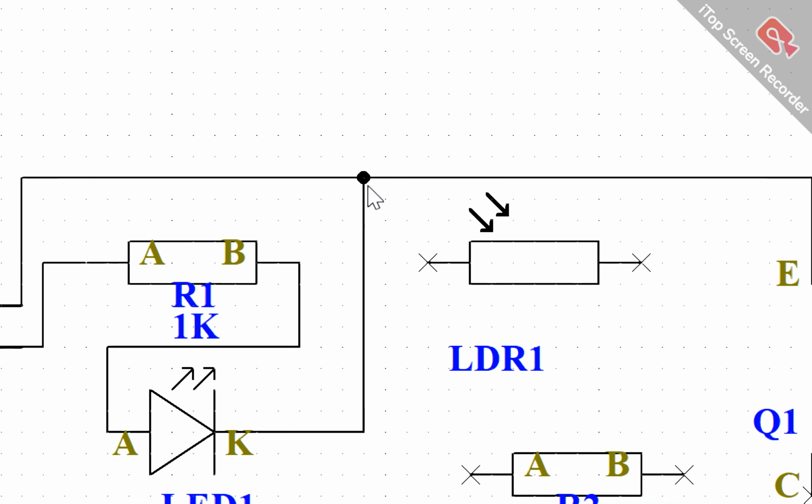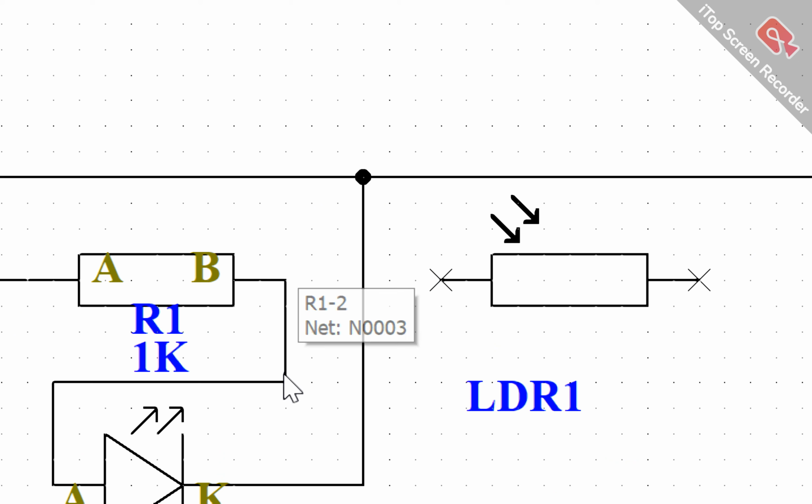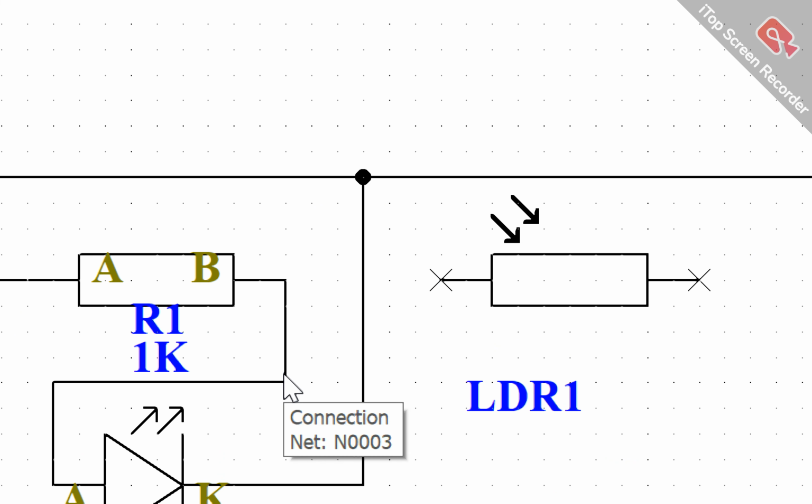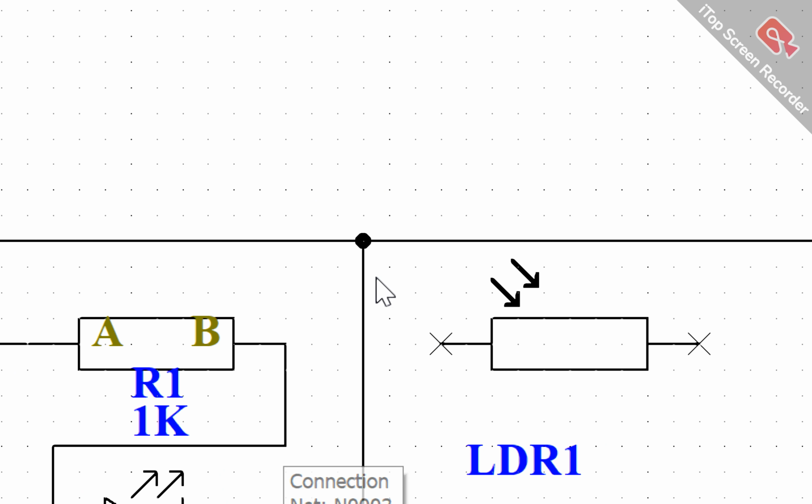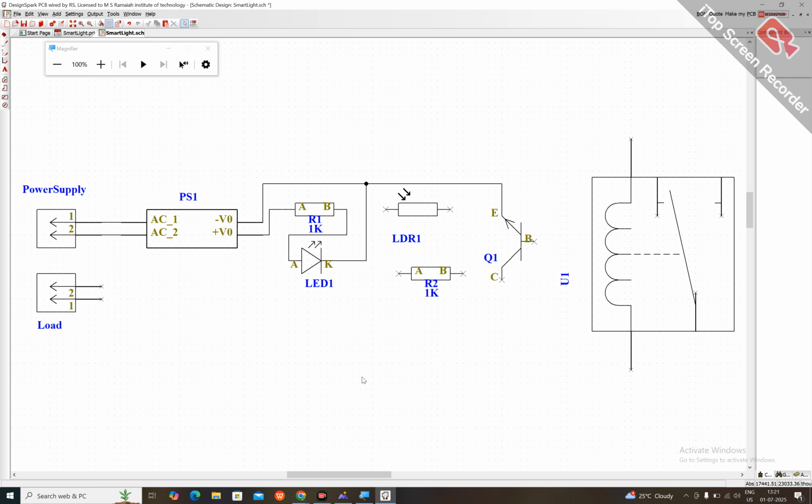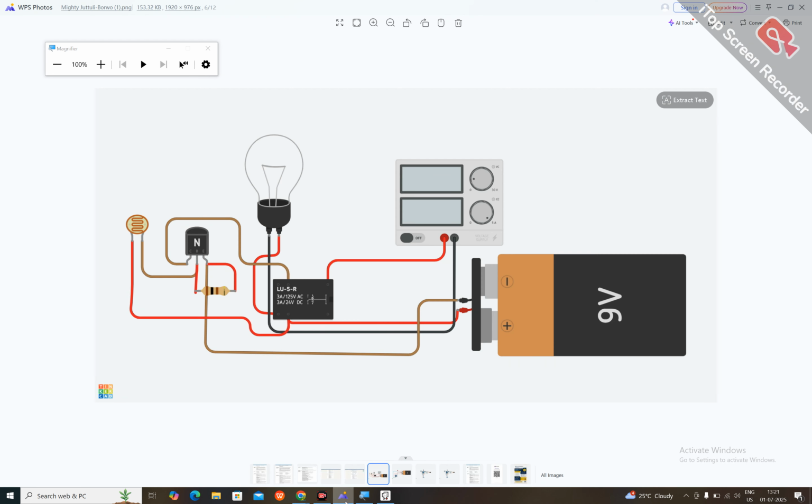You can observe whenever I'm connecting in the middle, I'm getting a junction. If I'm connecting from component to component, there is no concept called a dot. A junction is not created. When we connect from a component to the middle of any wire, then a dot will come. That is a junction. Okay, component to mid junction.